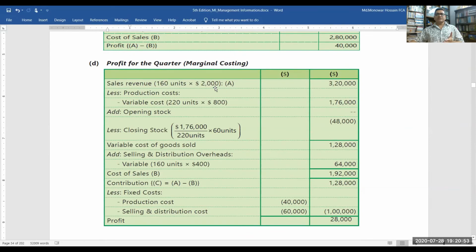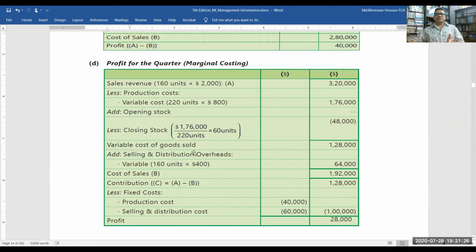Now profit under marginal costing. Selling revenue is the same. Less production cost, variable: 220 units at 800. Closing stock is 1,76,000, the production cost, divided by 220 multiplied by 60 units, which gives 48,000.